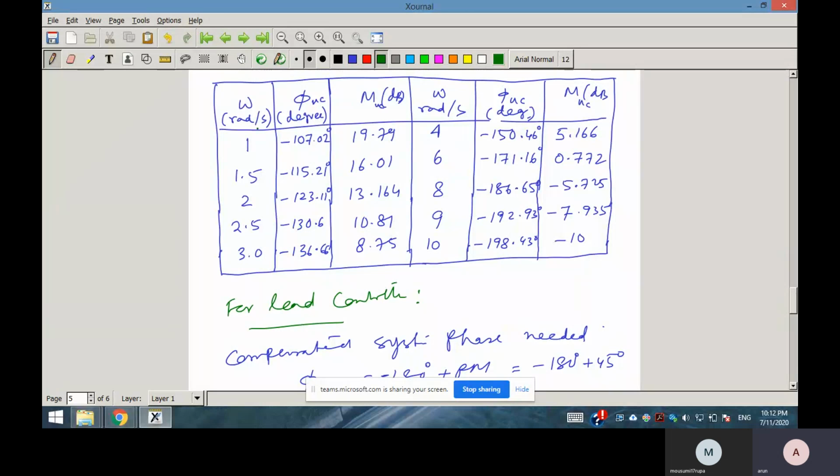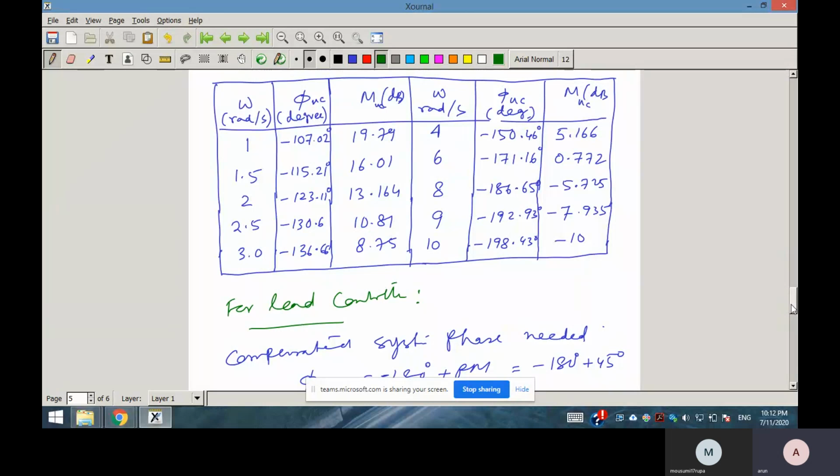So you can see phi UC is more, as well as MUC positive in dB, from 1 to 2.5 radian per second. So then you can design the controller.